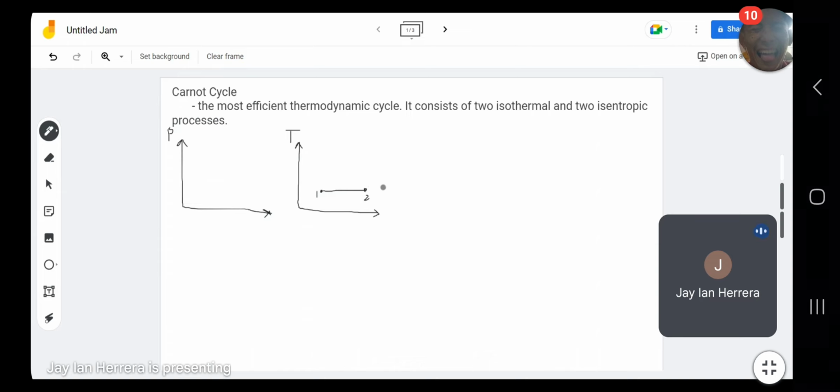Point 2 to 3 is isentropic. Point 3 to 4 is isothermal again. And then the point 4 to 1 process is isentropic.